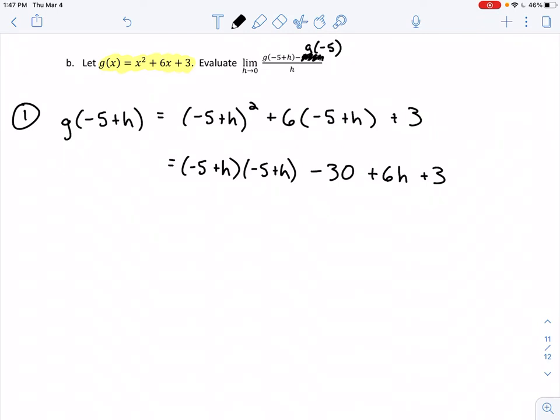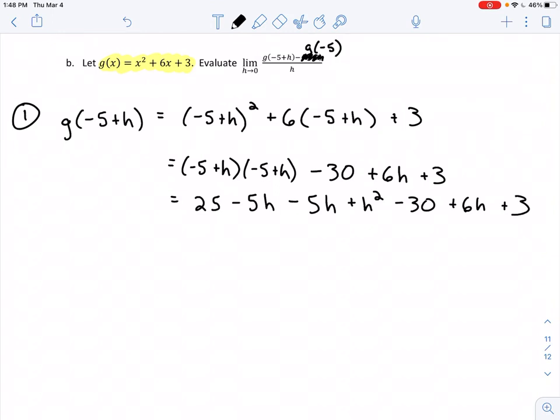So this piece right here we'll have to FOIL out. That will be 25 minus 5h minus 5h plus h squared minus 30 plus 6h plus 3.